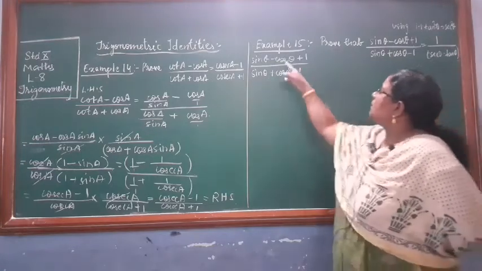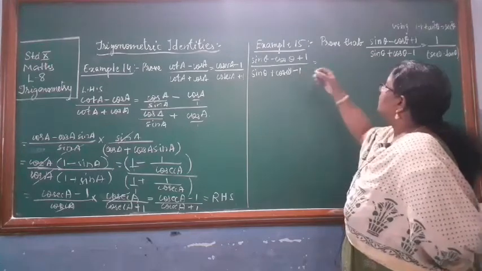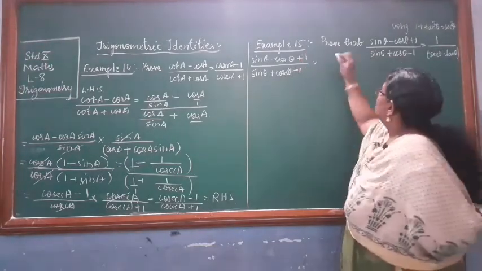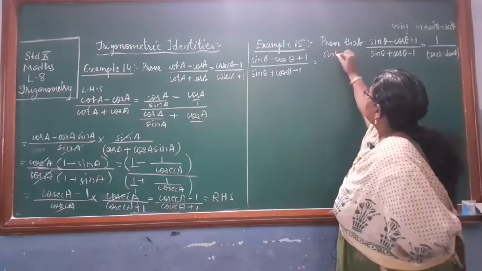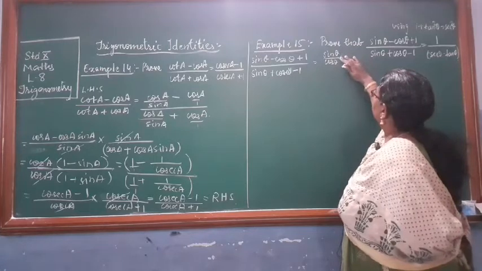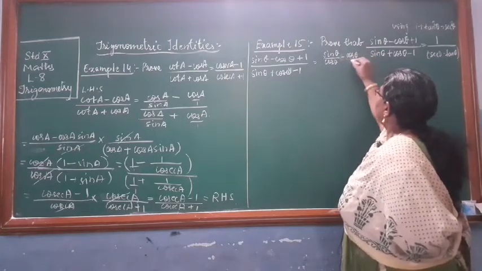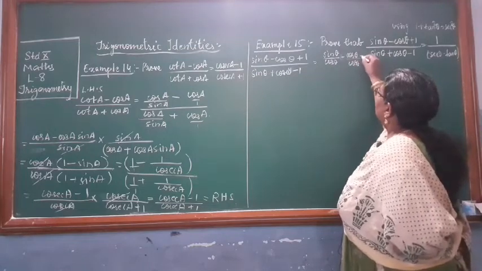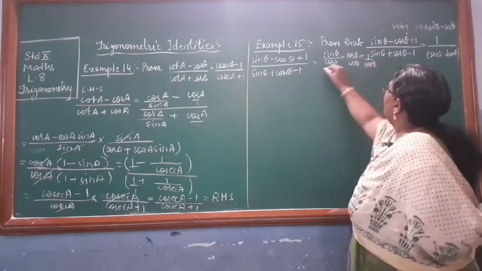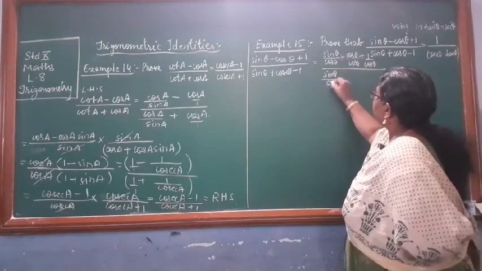So let me convert first into that. Tan and sec, if I want to convert, I have to divide the numerator and the denominator by cos. So I have sin theta upon cos theta minus cos theta by cos theta plus 1 by cos theta upon, again, sin theta by cos theta.